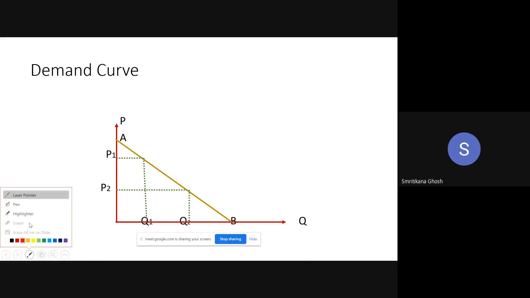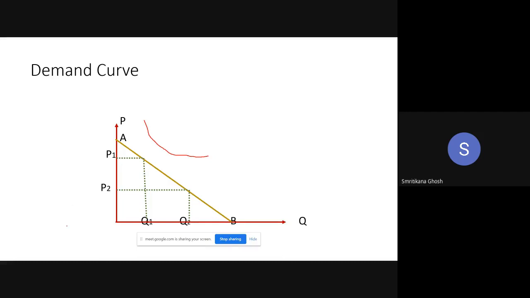I am trying to draw this curve. It will not be very beautiful because I am not habituated with this pen, but it's like this. That may also be your demand curve. No issue, that will not create any problem. But for simplicity, we are assuming a straight line demand curve. Straight line or convex, not a problem in that case.